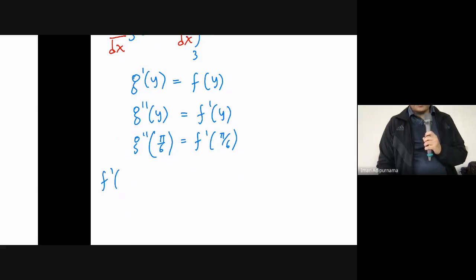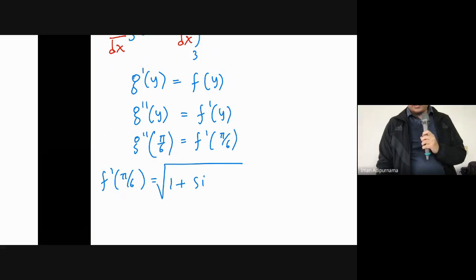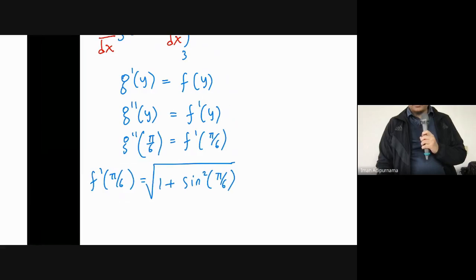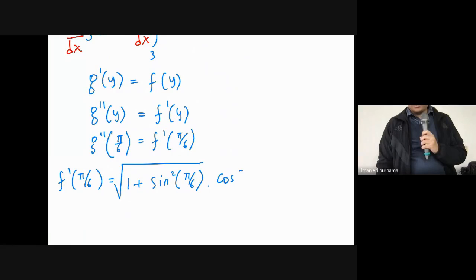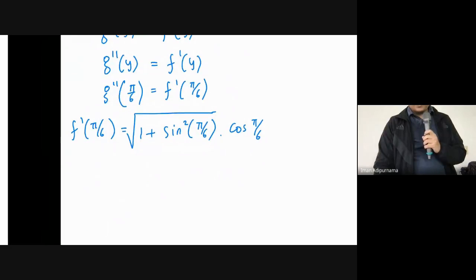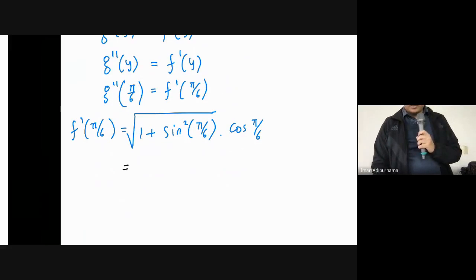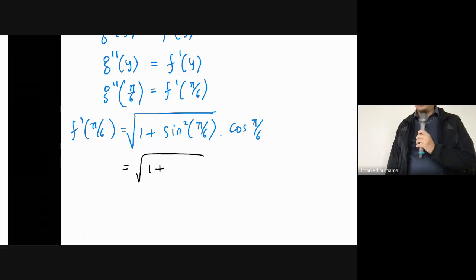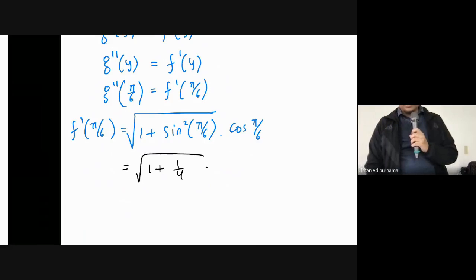So f prime at pi over 6 is the square root of 1 plus sine squared of pi over 6, multiplied with cos pi over 6. So this is 1 plus, sine 30 is half, so it's 1 over 4.